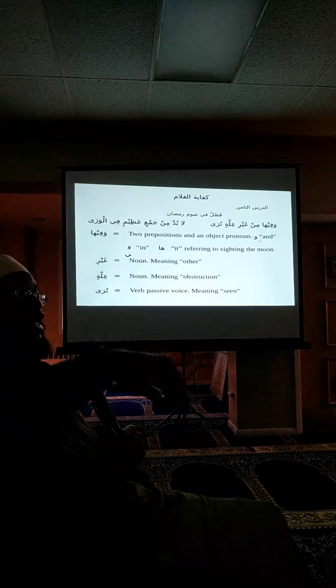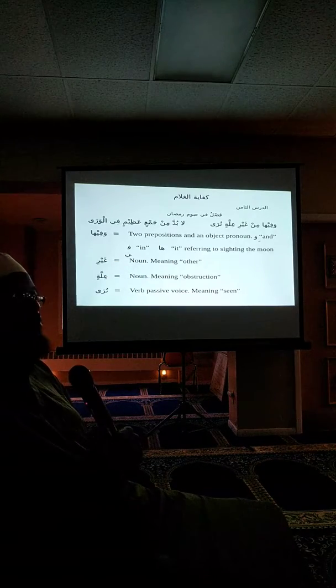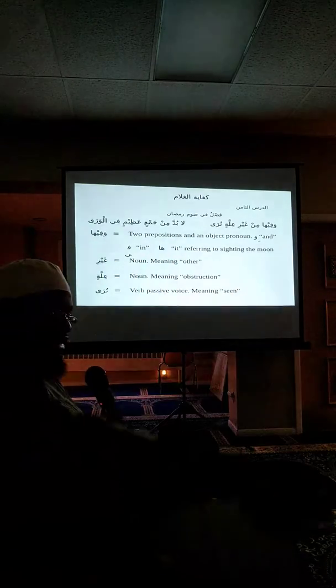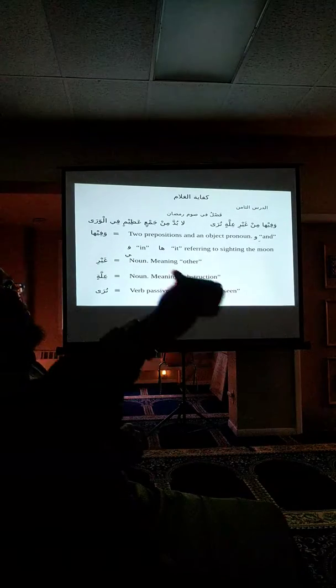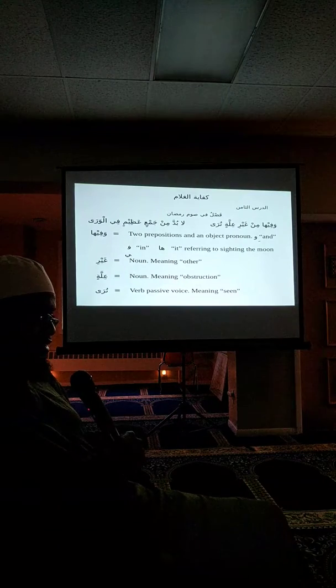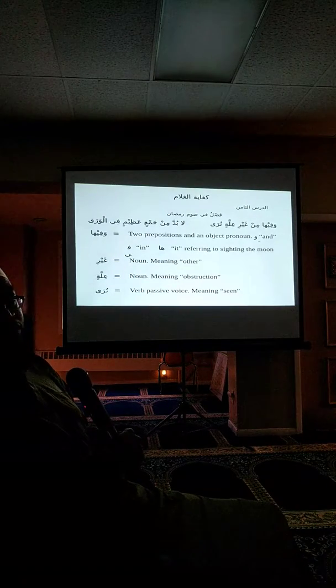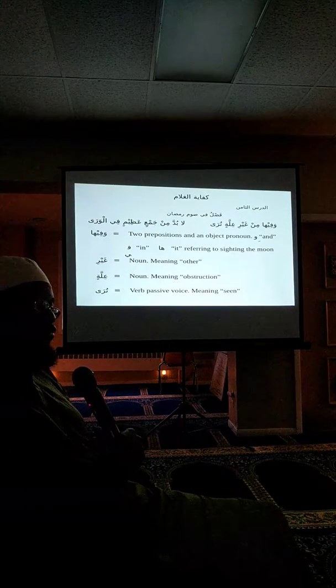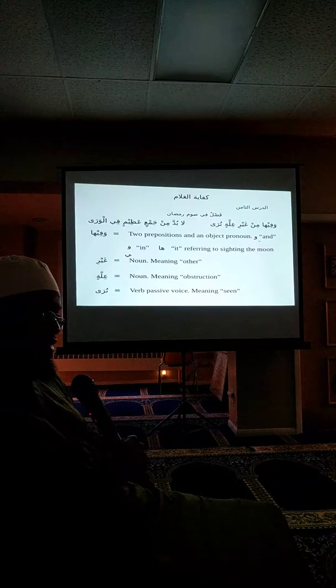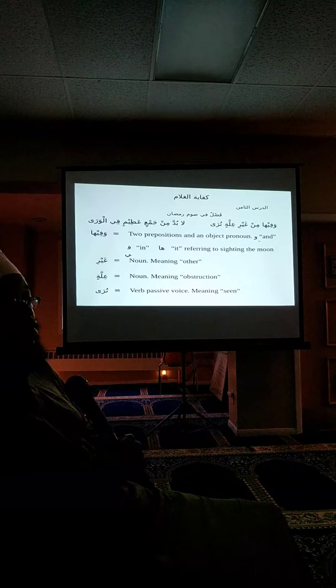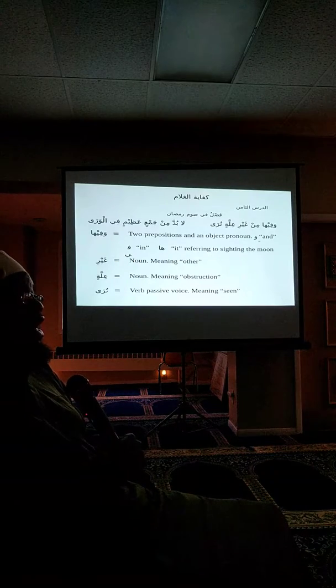The first line, from last week, was talking about sighting the moon for fasting. This line is talking about sighting the moon for breaking your fast, ending the fast for Ramadan. So the condition for sighting the moon for fasting is one person. So one person can see the moon when it's cloudy and we fast.